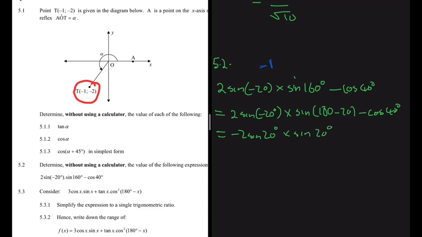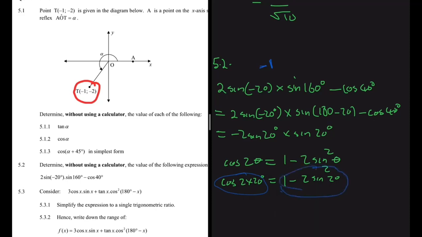And then now let's look at cos of 40 degrees. We know that cos of 2 theta is equal to 1 minus 2 sine of theta squared, right? Here we have 40 degrees, right? So cos of 2 multiplied by 20 degrees is equal to 1 minus 2 sine of 20 degrees squared. So in place of cos of 40 degrees, we can put 1 minus 2 sine of 20 degrees squared, right?